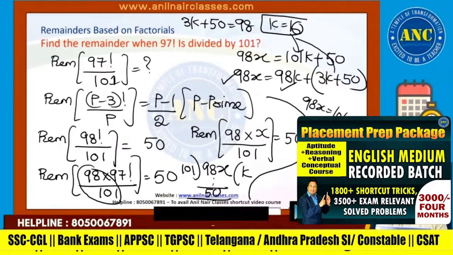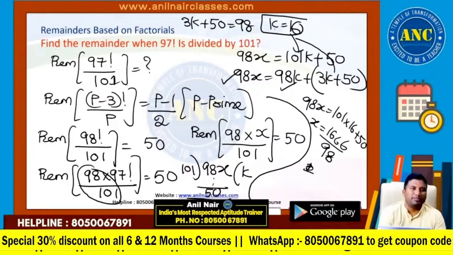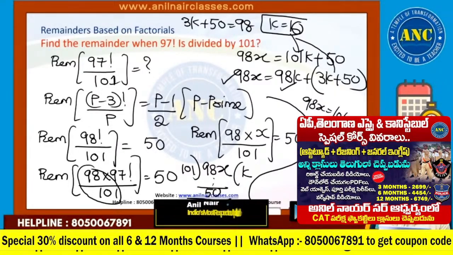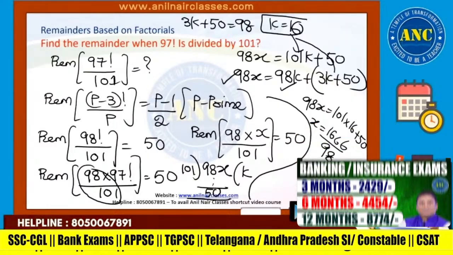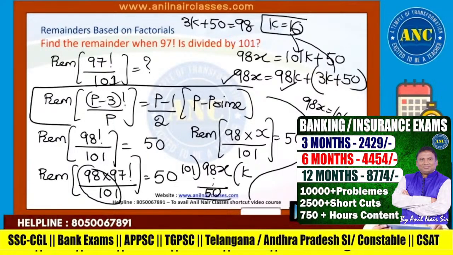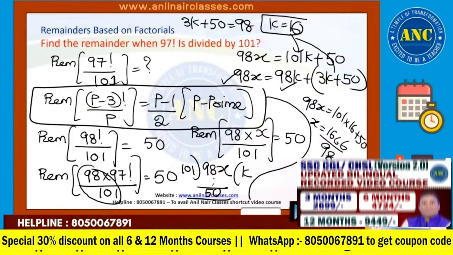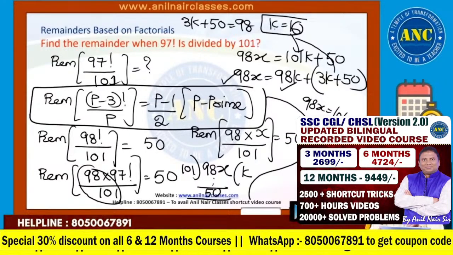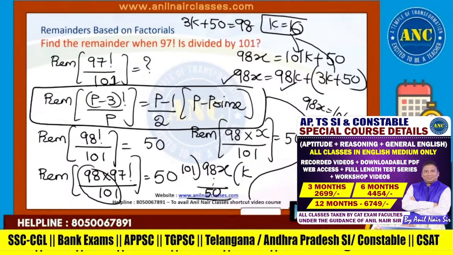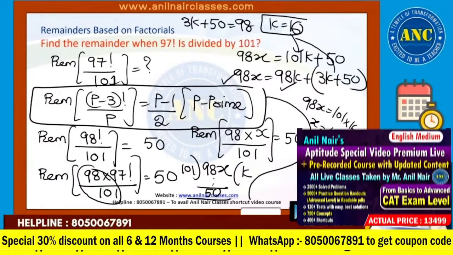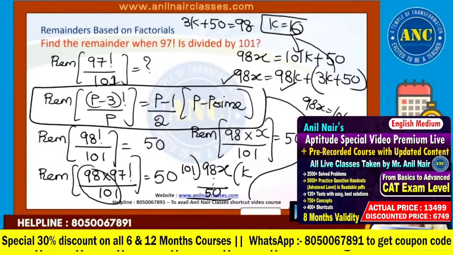Idea clear? P minus 1 factorial by P, we did it. P minus 2 factorial by P, we did it. P minus 3 factorial by P is P minus 1 by 2. I hope the idea is clear till here. So 3k plus 50 divisible by 98, k is 16. 16 plus 50, 1666 divided by 98. Whatever answer you get, that itself is the answer.